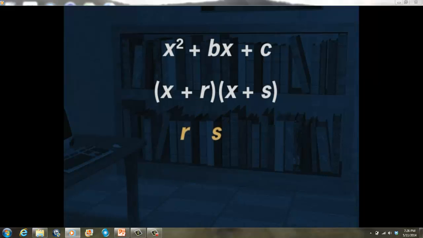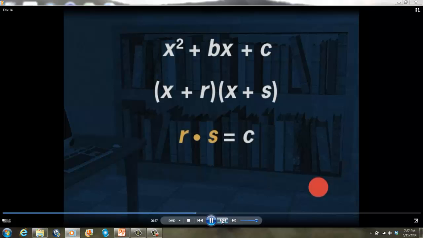The product of these constant terms is the last term of the trinomial. Therefore, r times s is equal to c. The sum of the constant terms r and s is the coefficient of the middle term in the trinomial. So r plus s is equal to b.